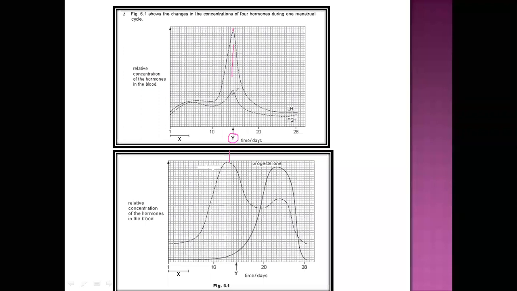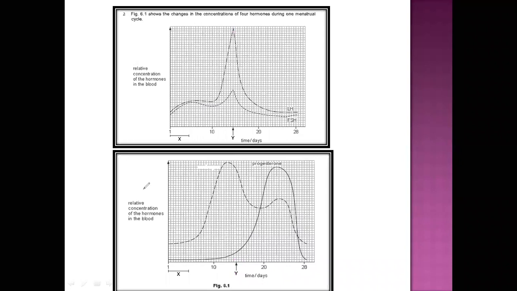So both reach their peak. At this time, the process of ovulation will happen. So Y is ovulation, where the process of ovulation takes place, and Z is menstruation.